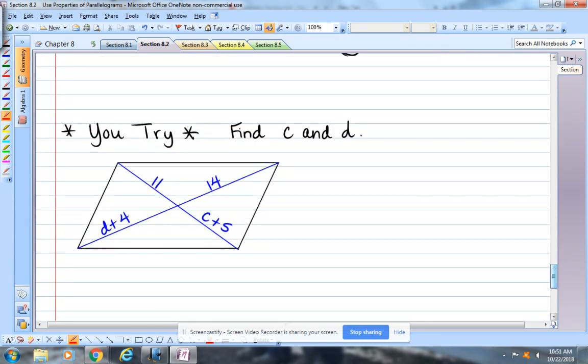Can y'all try those? Find C and D. You do not have to draw the picture unless it helps you. So all you need is the diagonal bisector.